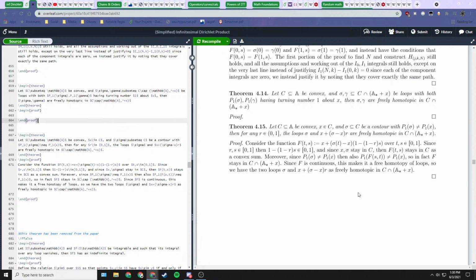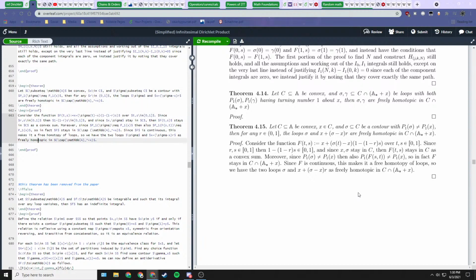Where is this? Oh, I put it in the wrong spot. This should be down here.